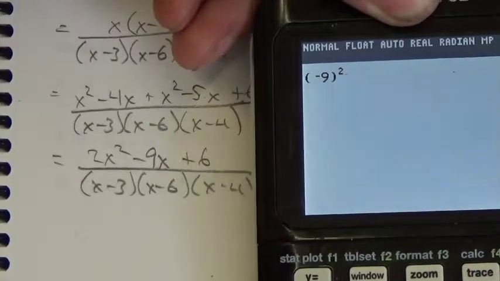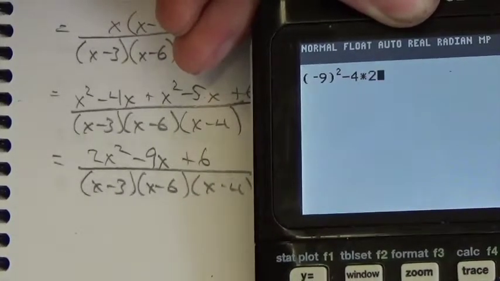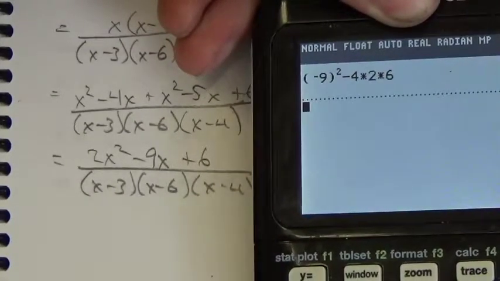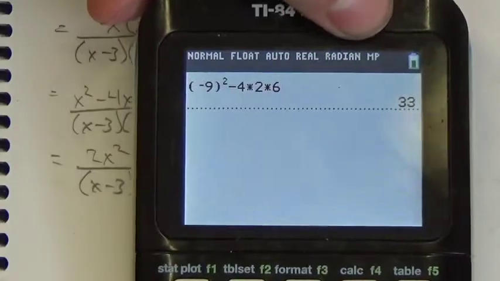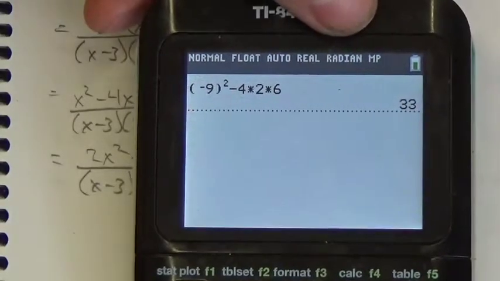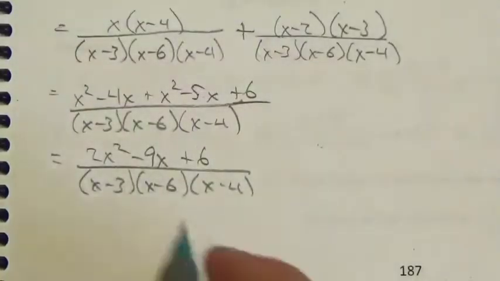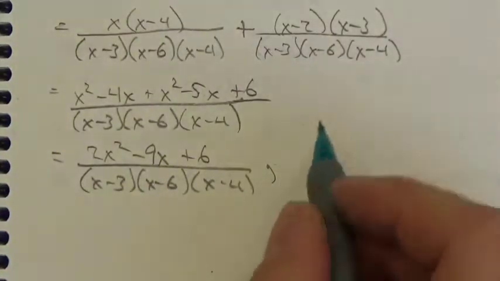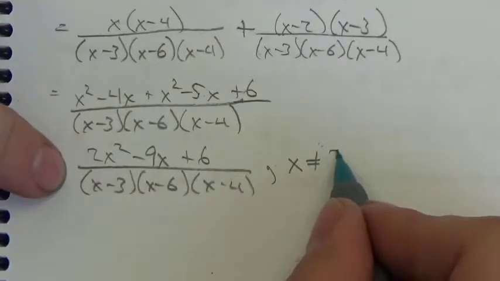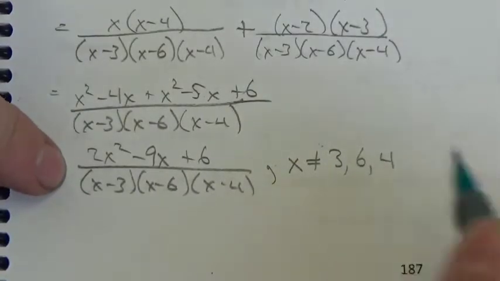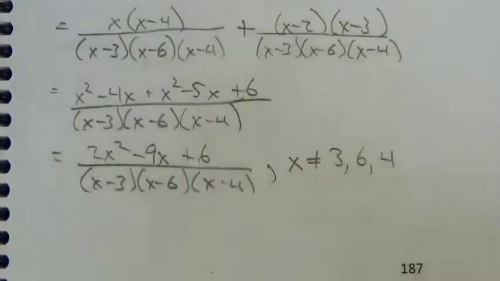That's my b squared, minus 4 times a times c. My answer here is 33. 33 is not a perfect square. 36 is, but 33 isn't. So that means that is as good as it's going to get. All that's left for me to do here is to identify the non-permissibles. x can't equal 3, 6, or 4. And that's it. We're done.